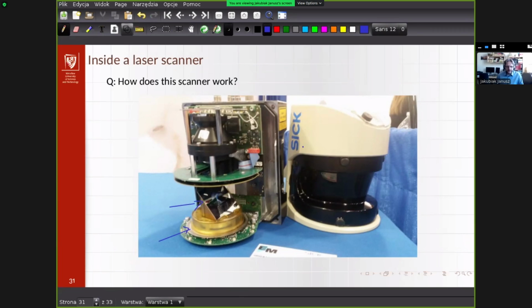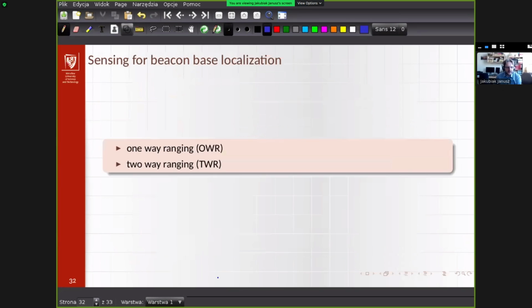In fact, this scanner was able to measure with the precision of 1/4 of a degree. And the second is how to measure a distance with the precision of just single centimeters and in the range of up to 20 or in good conditions even 70 meters. So long range and high precision measurements. So that's how this scanner works.